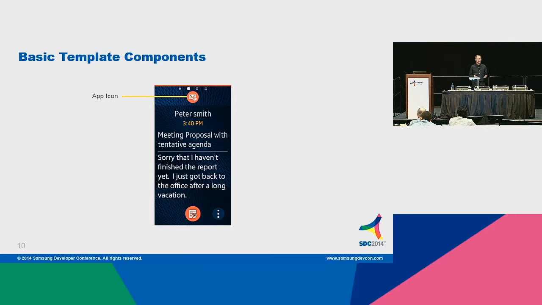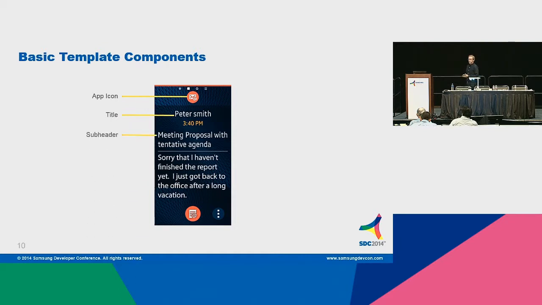This should be from your service. And then there's a title. With these 2 elements, it should be pretty clear to the user what your notification is trying to convey. So in this case, you look at the icon, you see it's some sort of messaging, you see the title, it's a name, it's pretty obvious that it's some sort of message from a person.